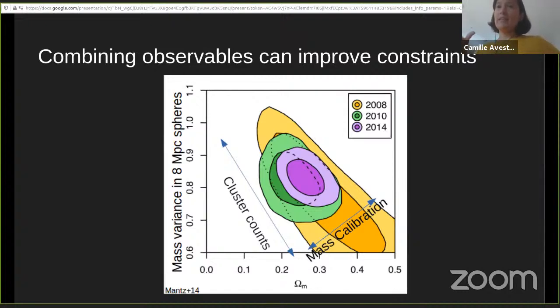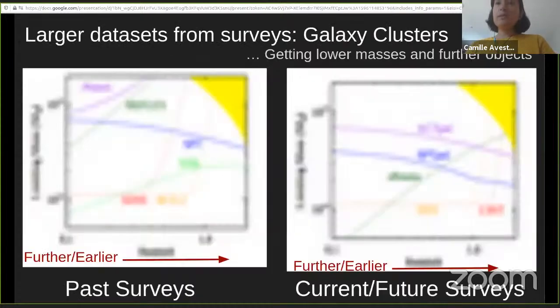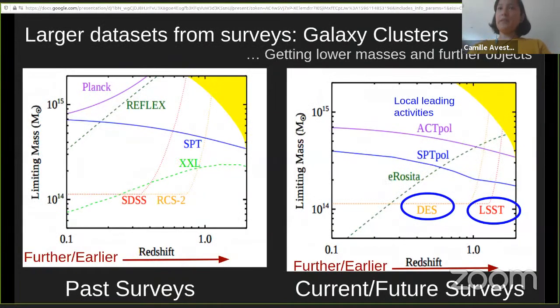You'll see this purple shrinks even further in the other direction as well. So this is a nice example of how combining observables can very visually improve your constraints. So let's talk about the various multi-wavelength observations that have pushed forward over the last decade.